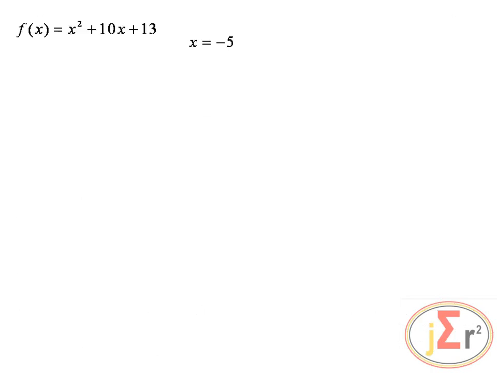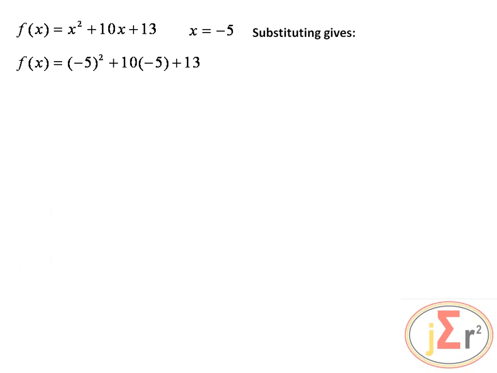So we substitute that negative 5 into the quadratic expression. Here we have x squared, so negative 5 squared. Then we have 10x, so plus 10 times negative 5, and then plus 13. So we have 25 minus 50 plus 13, and the result is negative 12.